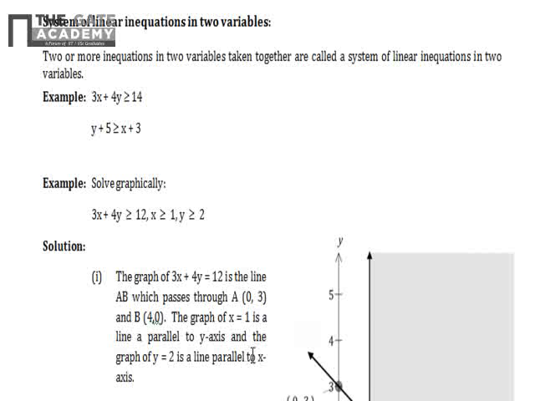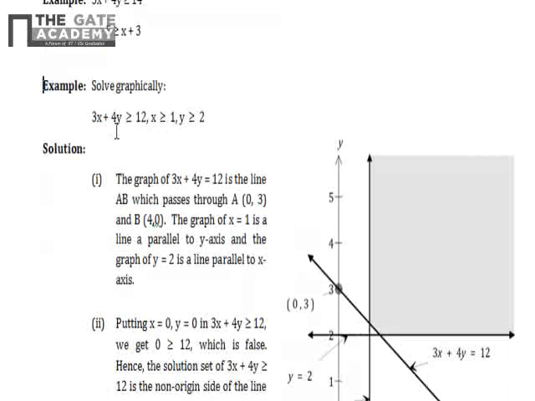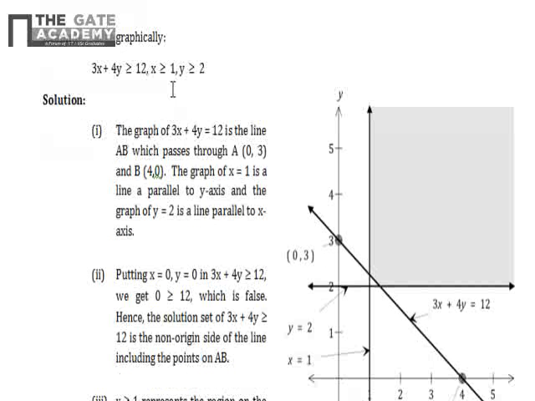Solve graphically 3x plus 4y greater than or equal to 12, x is greater than or equal to 1, and y is greater than or equal to 2. So x greater than or equal to 1 will be this line, and since it is greater than, our region will be this side.